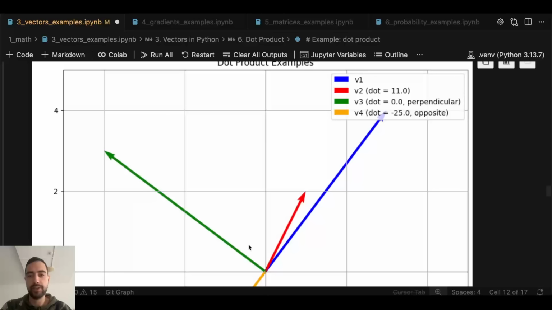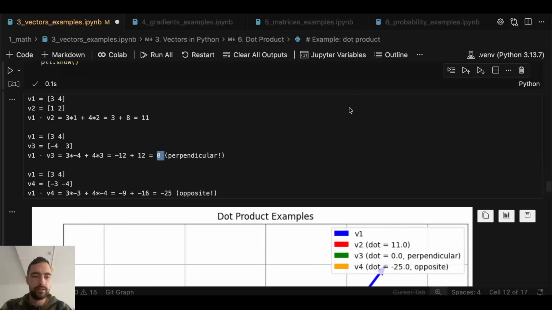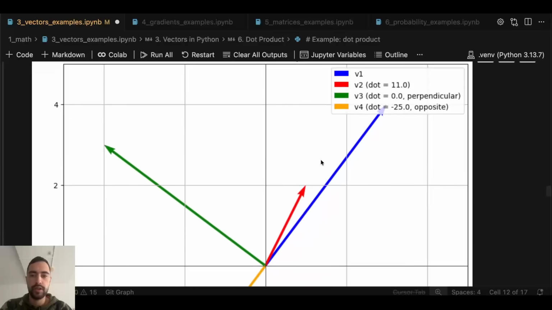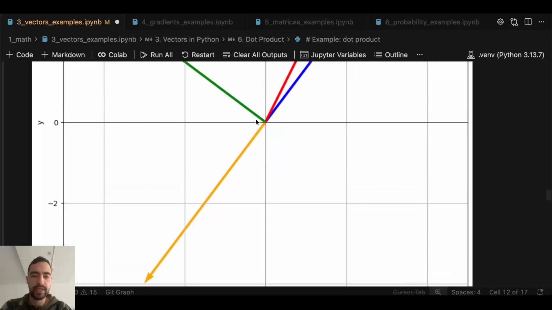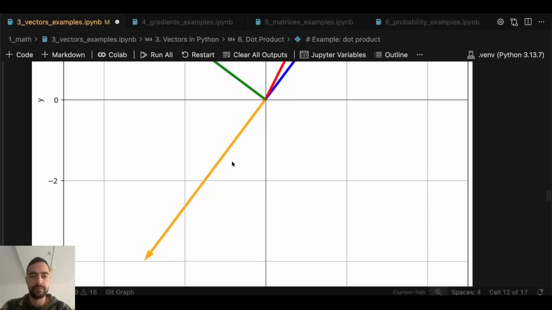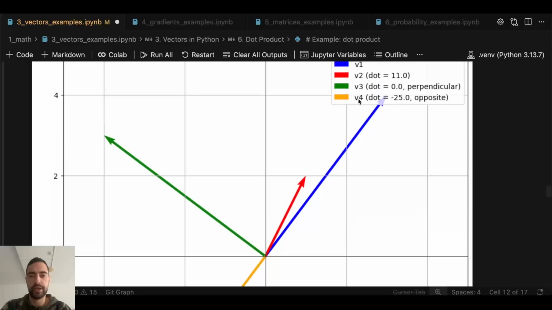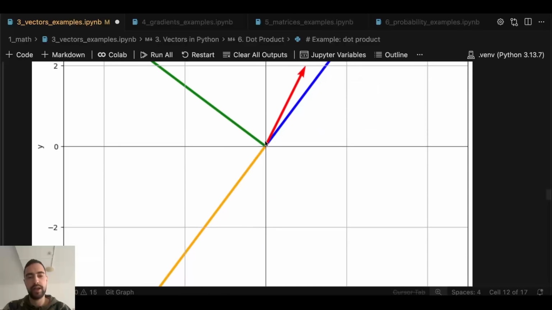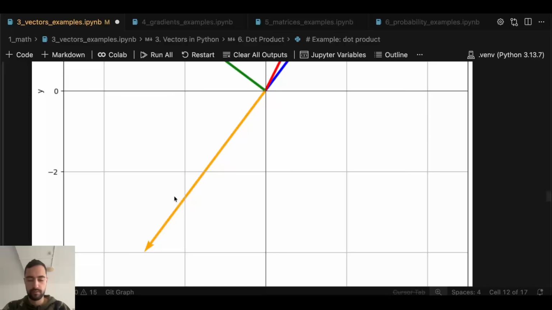So they are perpendicular, so the dot product will be 0. And then v1 and v4, where v4 is actually -3, -4, so the blue and the yellow are very different because they point in opposite directions. So their dot product will be a negative number, -25. It's going to be a large negative number here because they are very different.